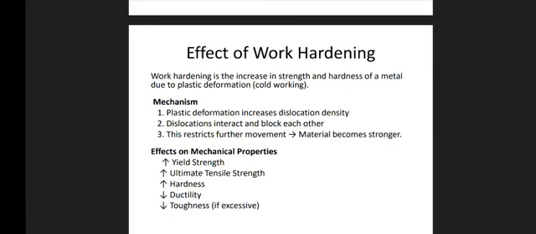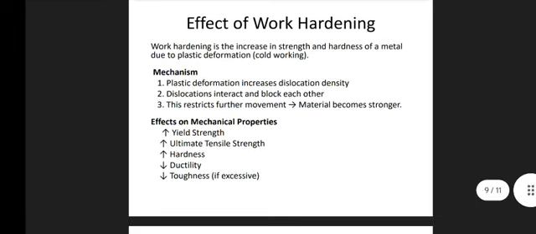Mechanism of the work hardening process. Plastic deformation increases the dislocation density, which resists dislocation movement. Dislocations interact and block each other, reducing plastic deformation, so the material becomes stronger and harder.